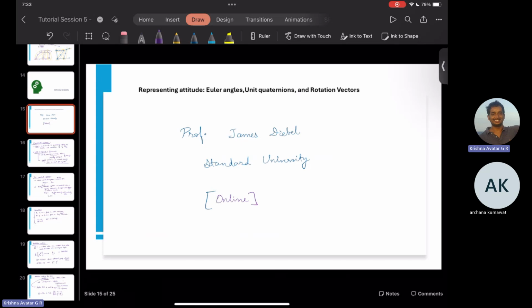You can download it from the internet. Just type this exact title, and the first link would give you these notes. And please do read through it if you are able to.